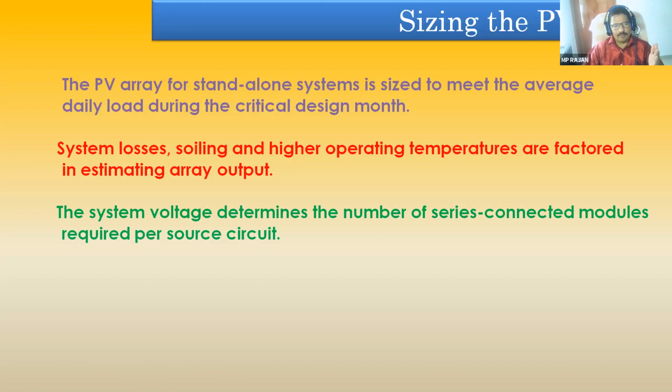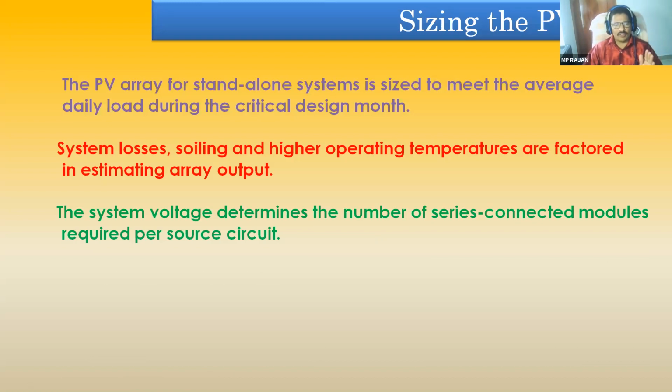So many panels will be there. How should they be arranged, in series or in parallel? We have seen series connection and parallel connection. How many modules should be connected in series depends upon the system DC voltage. As I already explained, what is the system DC voltage? Suppose your solar panel is 100 watt, with maximum voltage of 17 volt.